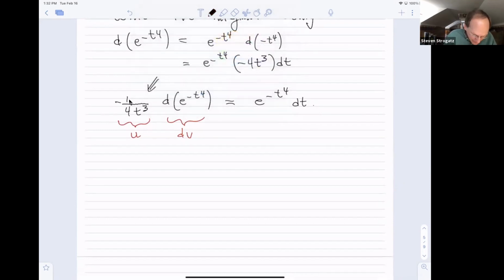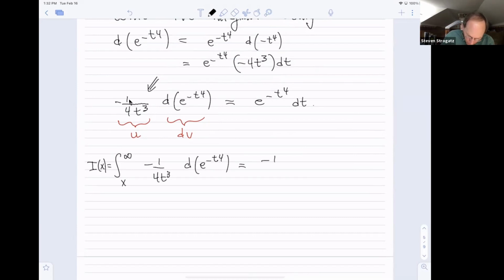What's going to happen if we do this? We have that our I of x is, using this cunning trick, the integral of minus 1 over 4t cubed, d of e to the minus t to the 4th. And so, remembering that the integral of u dv is uv minus the integral of v du, let me write the uv term.